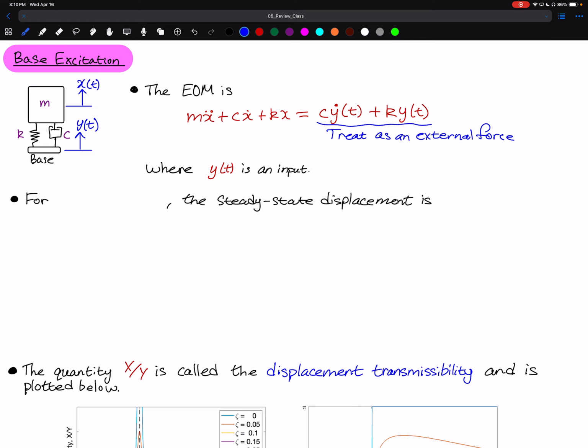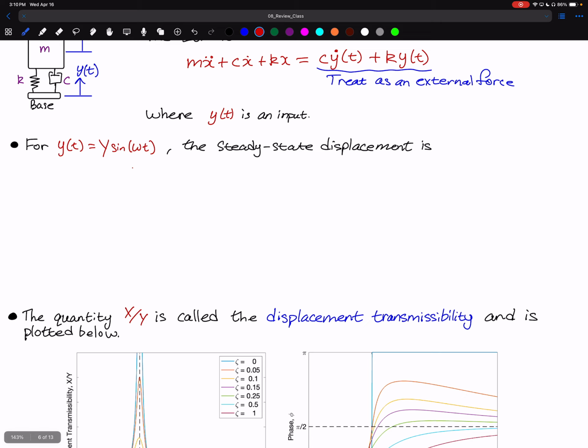Okay, so we looked at the case where y of t was equal to some capital Y times the sine of omega t. So we just looked at a purely harmonic input in this case. We then looked at the steady state displacement, x sub ss of t, which is equal to big X times the sine of omega t minus phi.